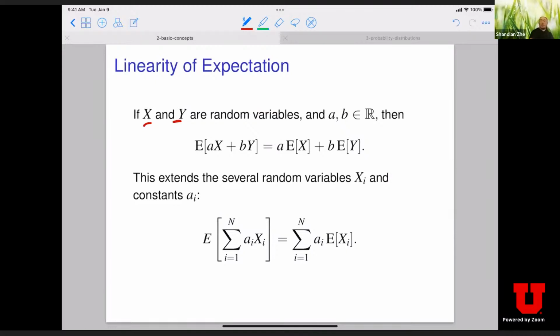This is a very useful property, and it extends to a list of random variables x1, x2 to xn. Suppose they are linearly combined with constants a1 to an; their expectation is equal to the linear combination of the expectation of each random variable.